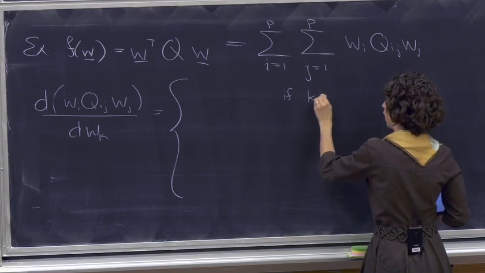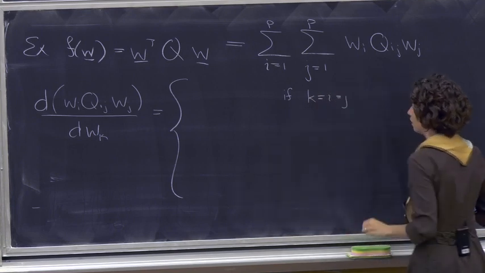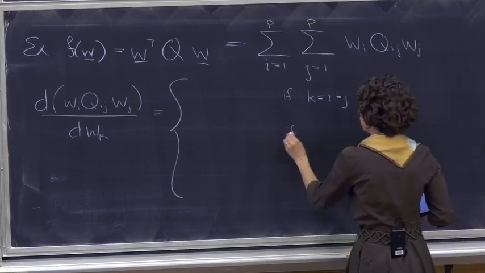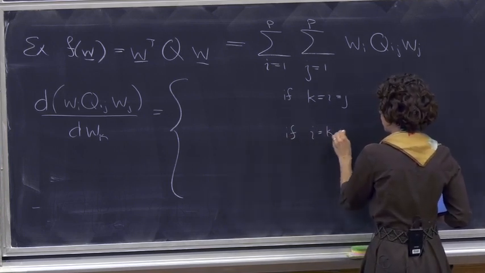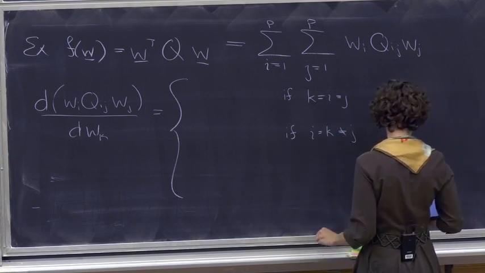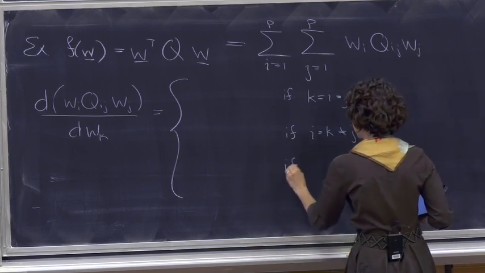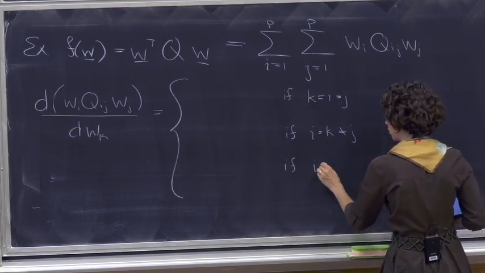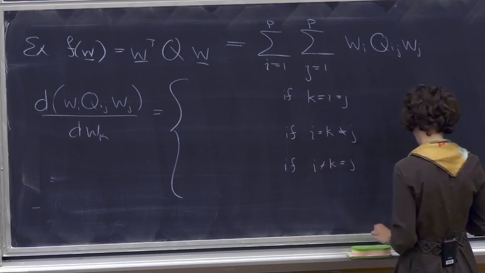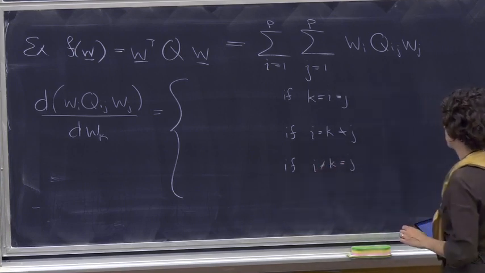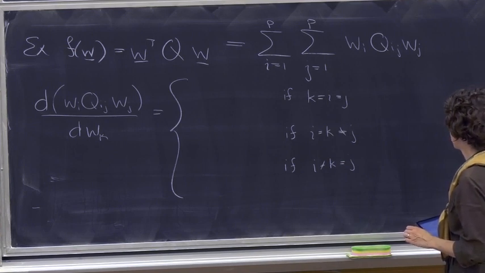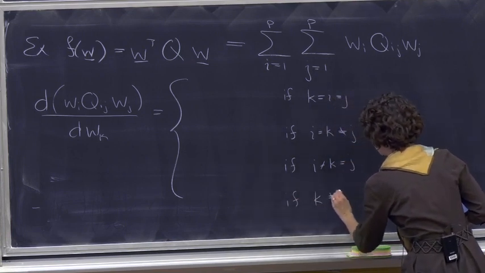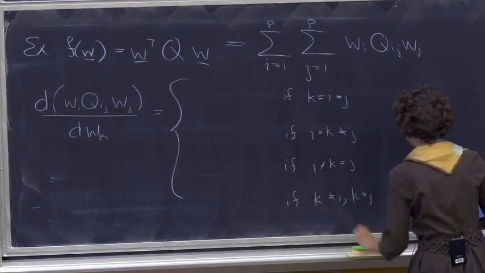One is that k is equal to i, and that's equal to j, that all these three things are the same. Another possibility is that i is equal to k, but they are not equal to j. Another possibility is that i is not equal to k, but k is equal to j. And then a final possibility is that k is not equal to i and k is not equal to j.